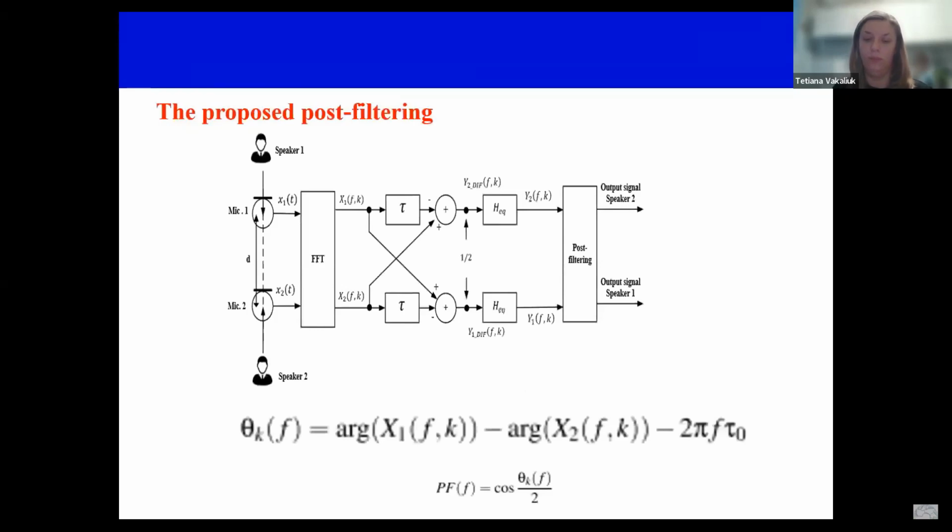But in many complex recording situations, we need to use post-filtering to suppress the second speaker.